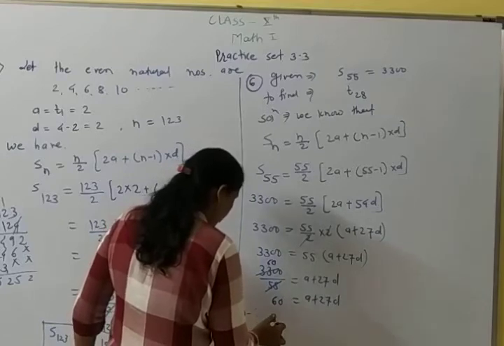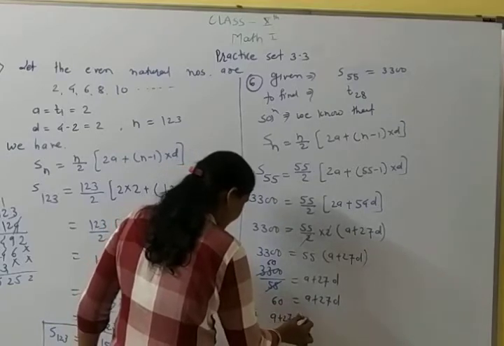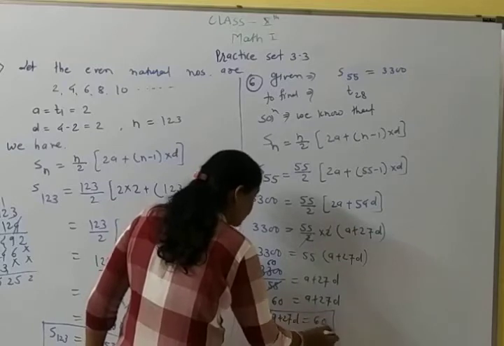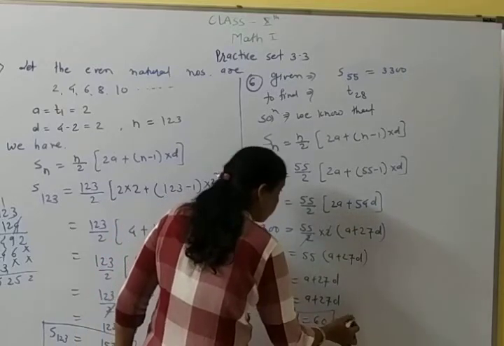Therefore a plus 27d equals 60, equation number 1.